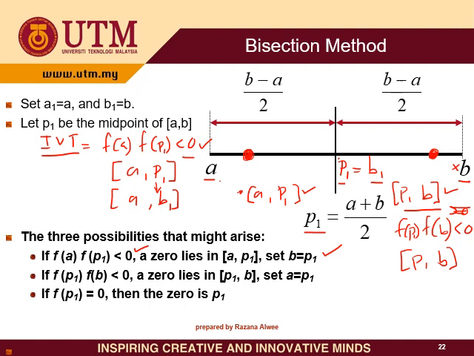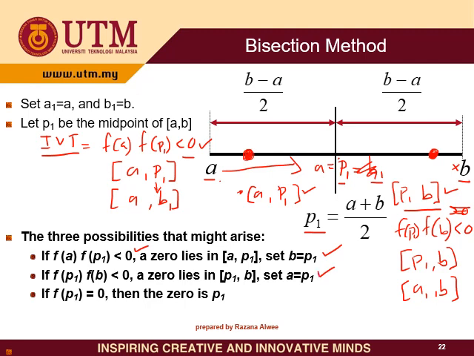And then the P1 here will be your new A1. So here A equals P1, not B1 anymore, if it is here. So we get less than 0. This is the second possibility.